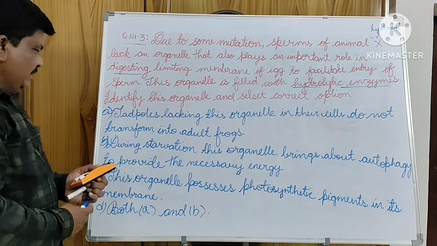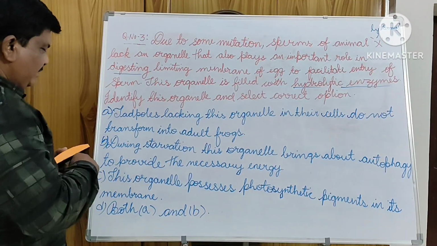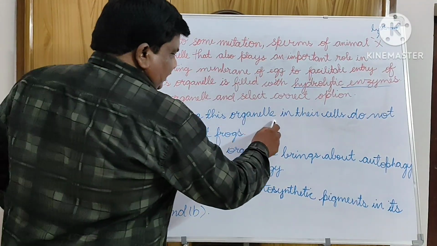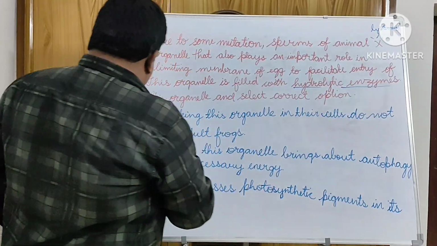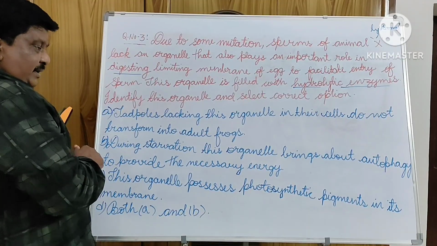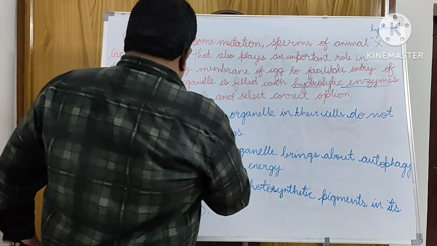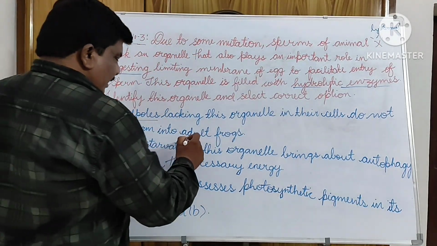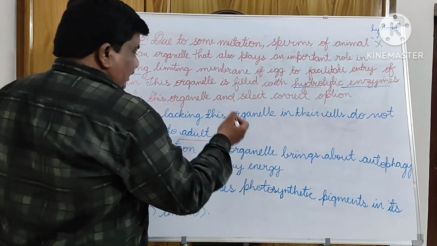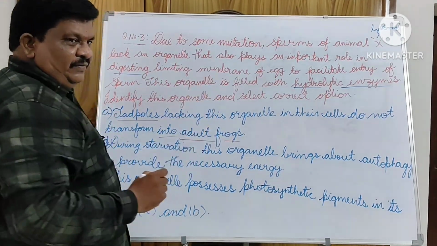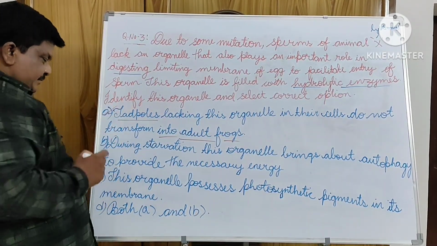First option: tadpoles lacking this organelle in their cells do not transform into adult frogs. Yes, for transforming the tadpole larva into an adult frog, lysosomes are required. So it is correct.